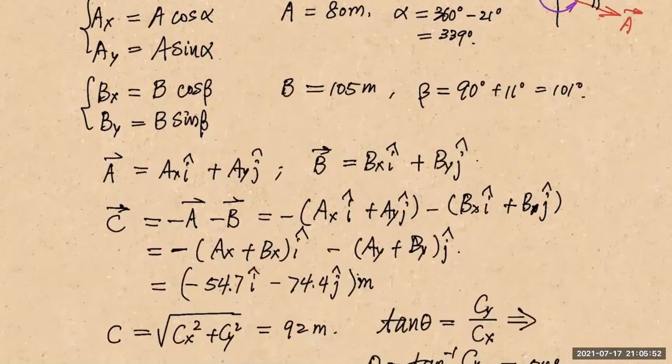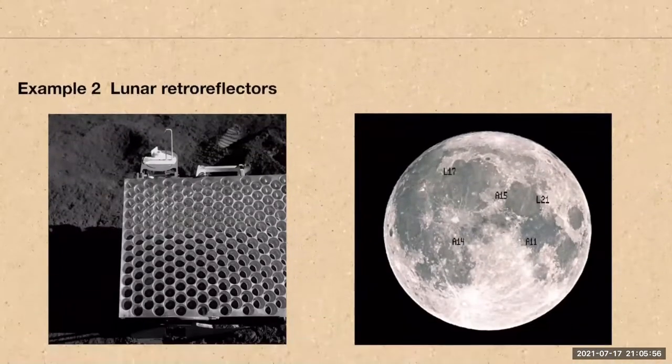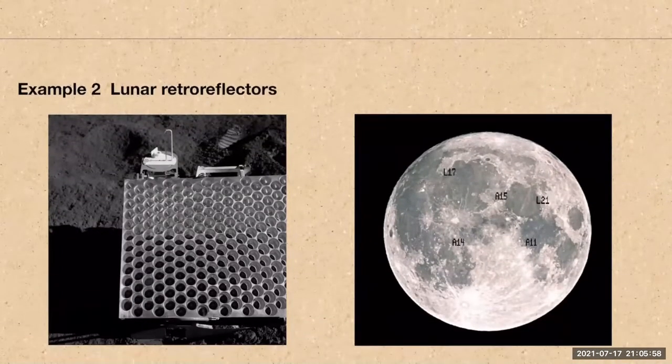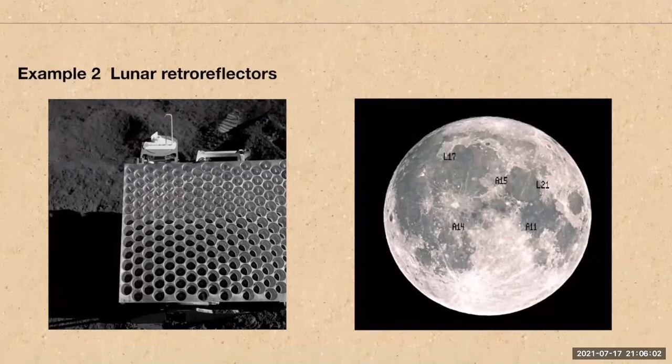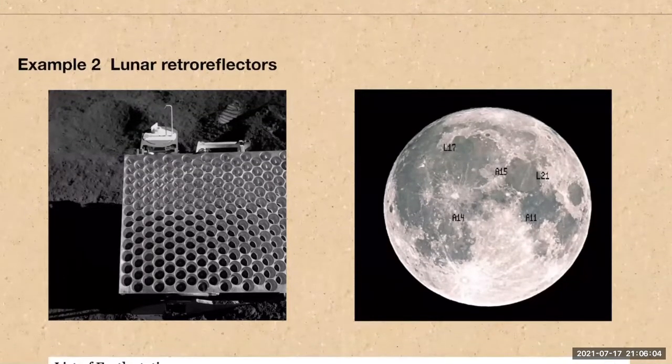Okay, now let's look at a second example, which is quite fascinating. It is also a real world example, but it's on a much bigger scale. What you see here is a piece of equipment that was brought by the astronauts of the Apollo 15 mission onto the moon.